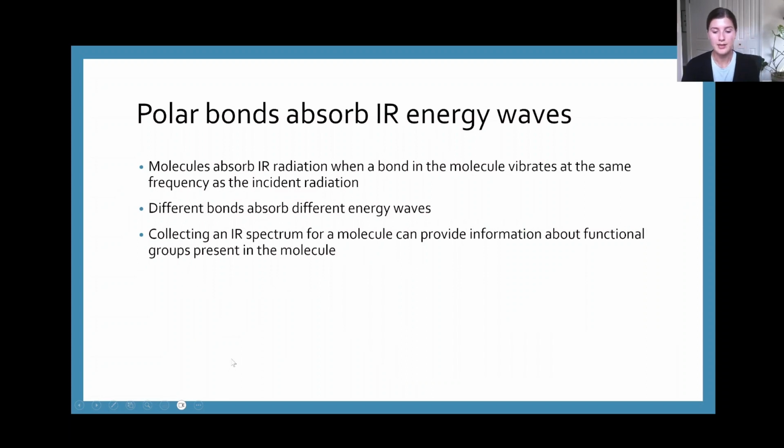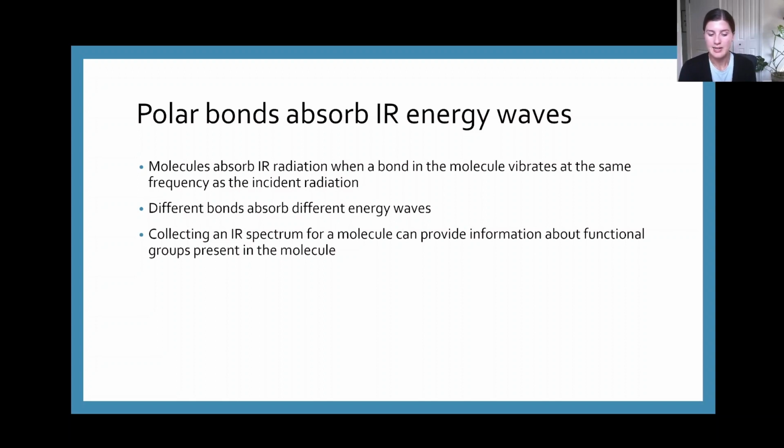And so polar bonds absorb IR energy waves or IR radiation when a bond in the molecule vibrates at the same frequency as the radiation that it's exposed to. So different bonds will absorb different energy waves.